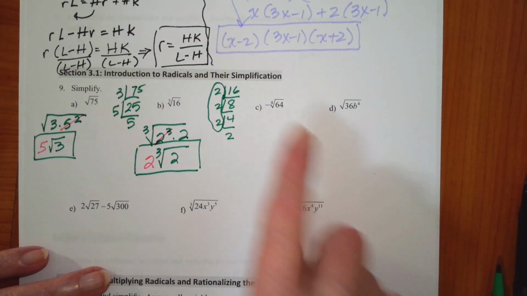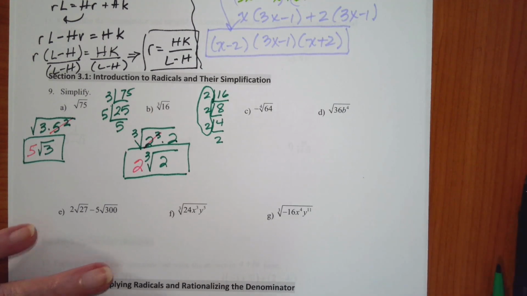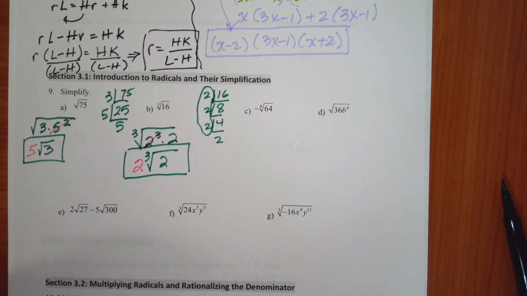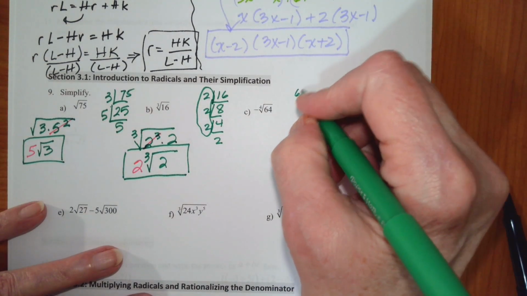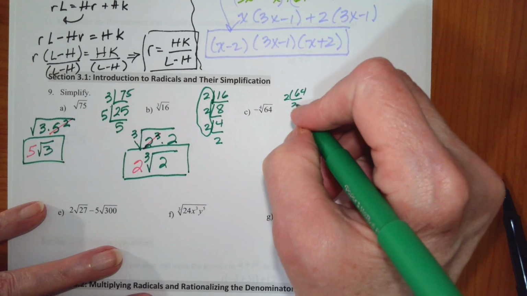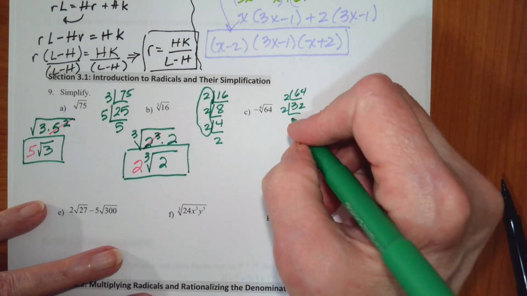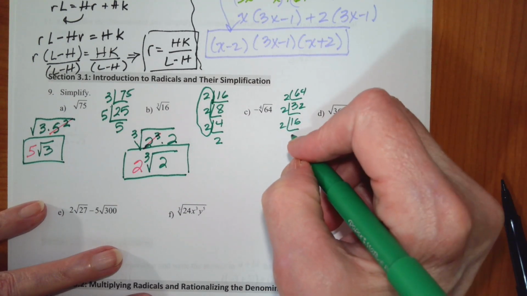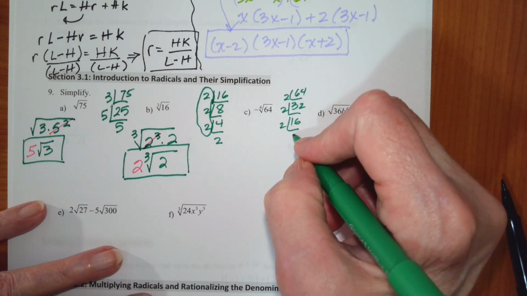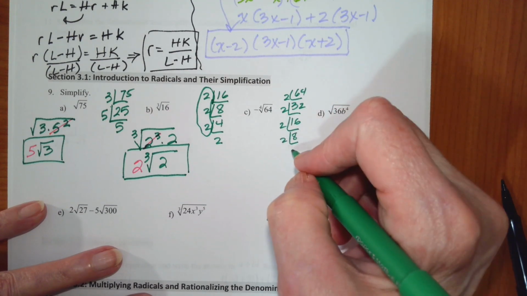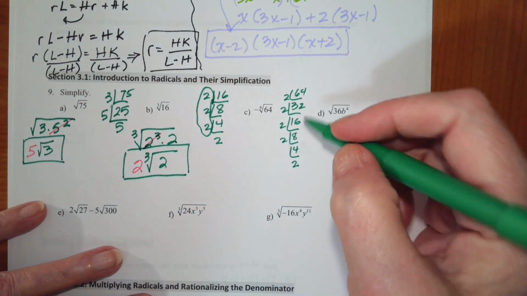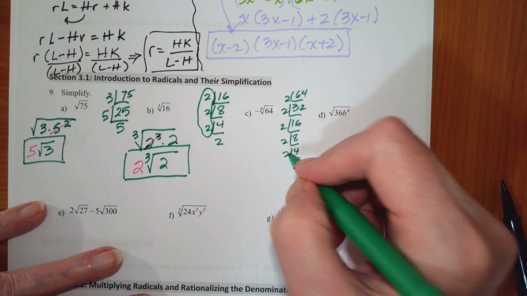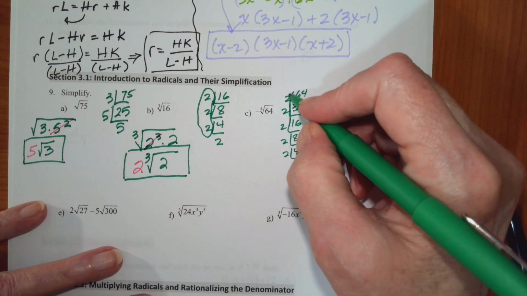Okay, the next one. Now I'm looking for the fourth root, so I'm looking for something times itself 4 times. I don't know those off the top of my head, so again, 64 is divisible by 2, divisible by 2, divisible by 2, divisible by 2, divisible by 2. So I have a group of 4.